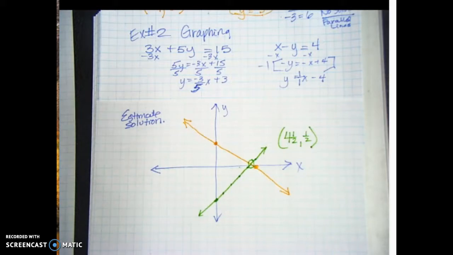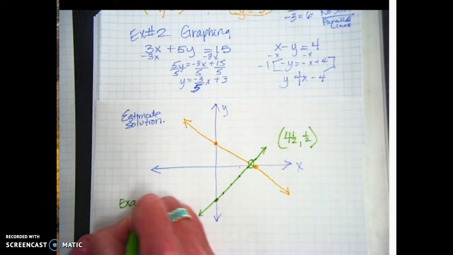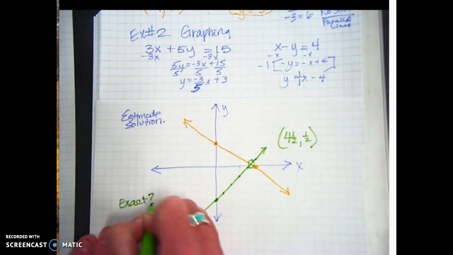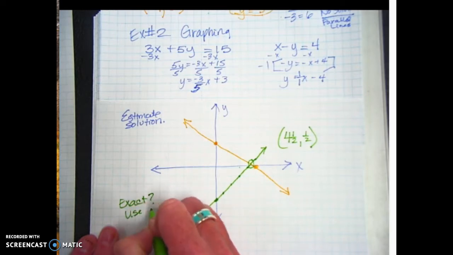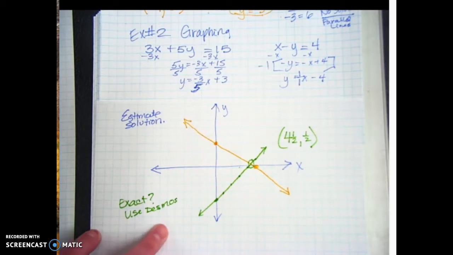Okay? If you're asked to estimate, at least get within the numbers. Okay? If you want exact, you can use Desmos. It might give you it as a decimal, not a fraction, which is fine.